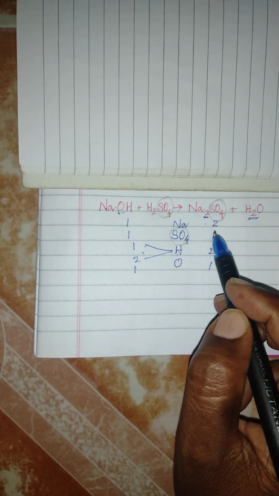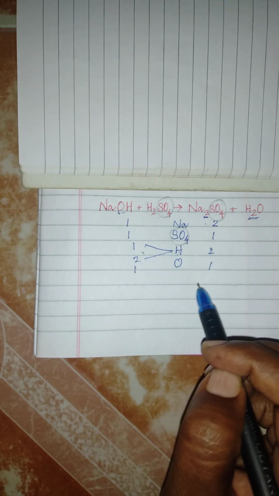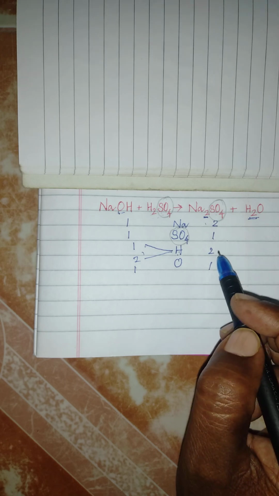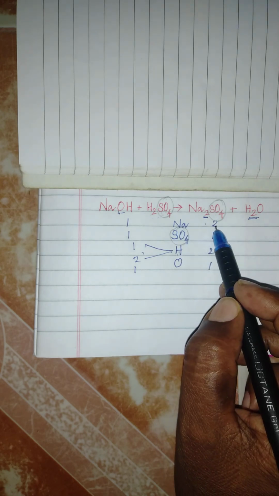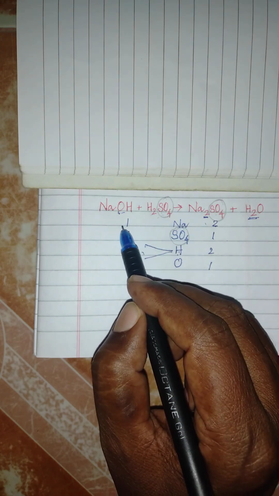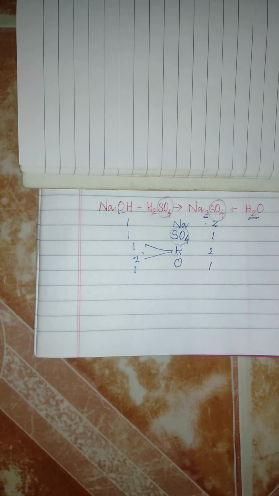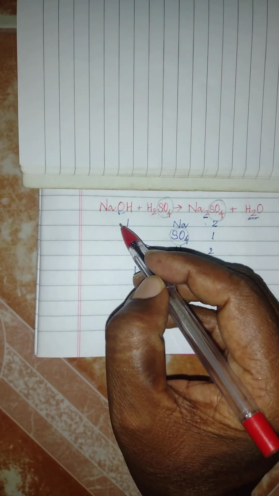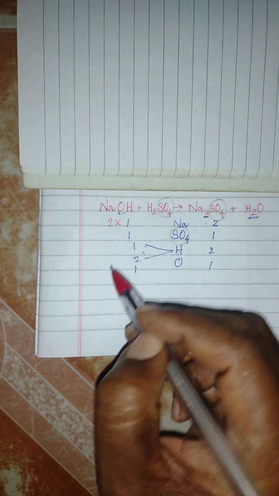Now we can check which atoms are not equal on both sides of the equation. Which atom is not equal? The first one, sodium. At the right hand side, 2 sodium atoms, but on the left hand side, only 1 sodium atom. So we can make that 1 into 2 by multiplying by 2.